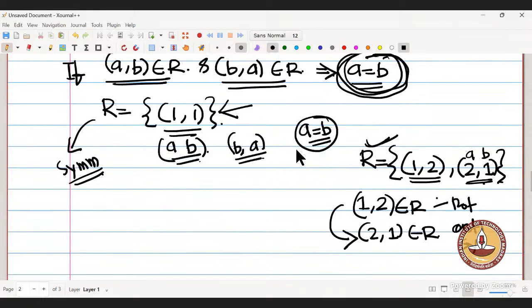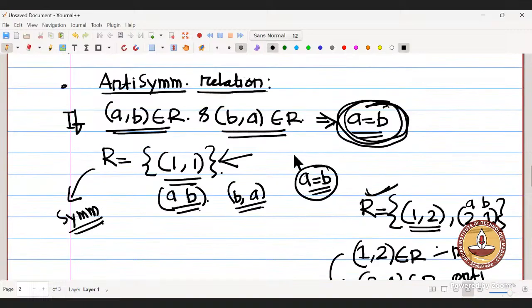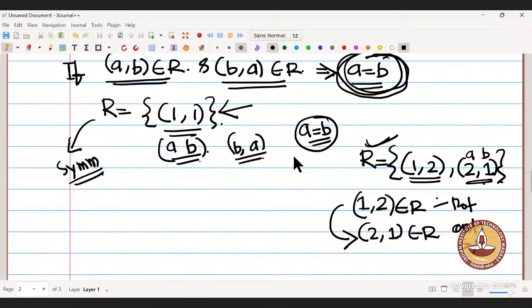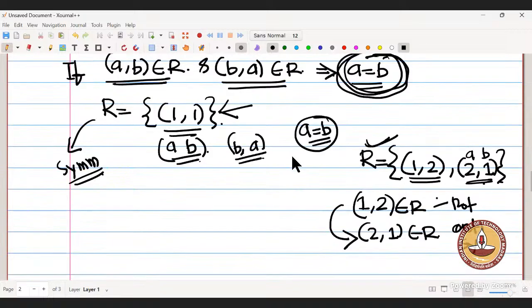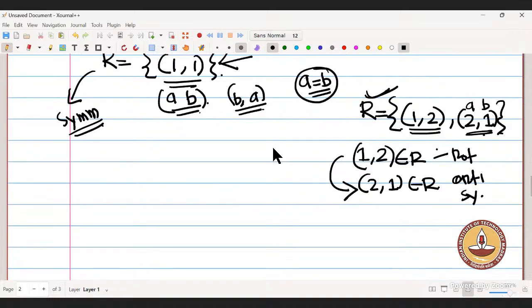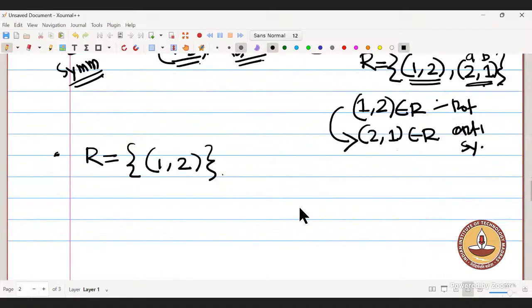So, sir, that means all anti-symmetric relations will be symmetric, but the reverse will not be true? All anti-symmetric relations will be symmetric because (b, a) will also exist in R. No. See, again, consider this relation {(1, 2)}. This is an anti-symmetric relation. How is this anti-symmetric? b is not equal to a.